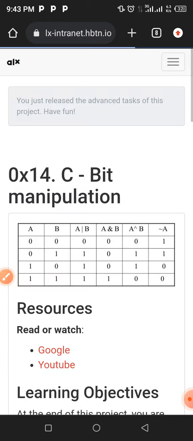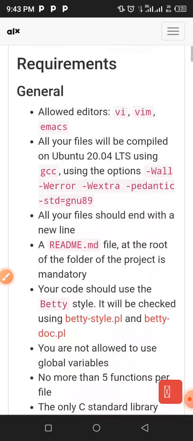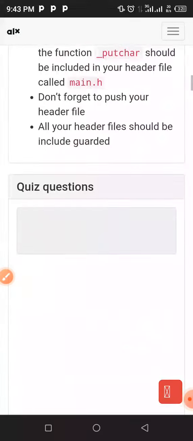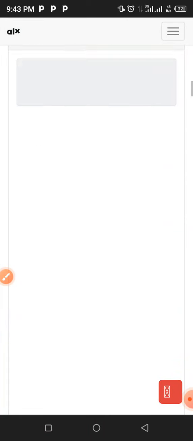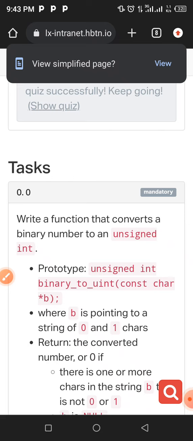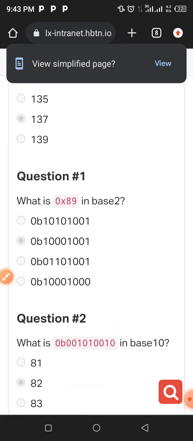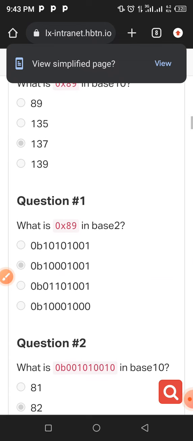Okay, so going over there, show the quiz. So we have done question number one, which is the correct answer.